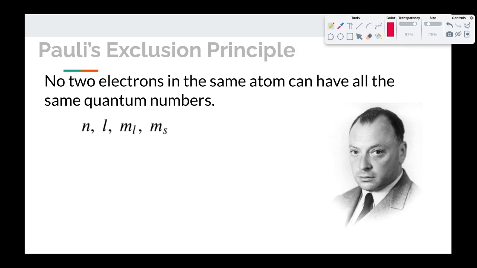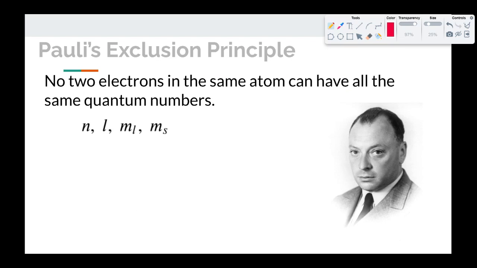The important consequence of that, which is valuable for us, is that it was found out later on by Wolfgang Pauli that no 2 electrons in the same atom can have all the same 4 quantum numbers. So since n determines the shell, L determines the subshell, m sub L determines the orbital, and there's only 2 values of m sub s, +1/2 and -1/2, that means the maximum population of any orbital can only be 2.